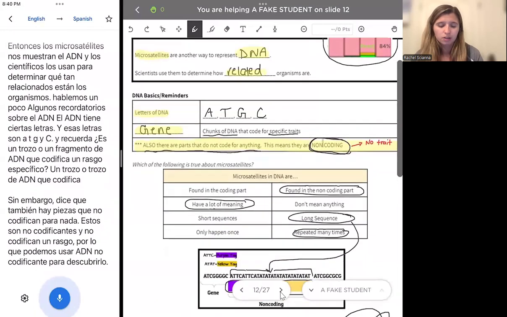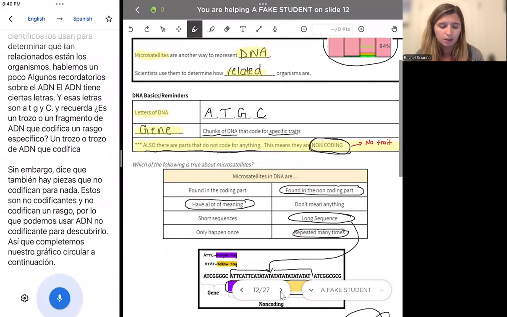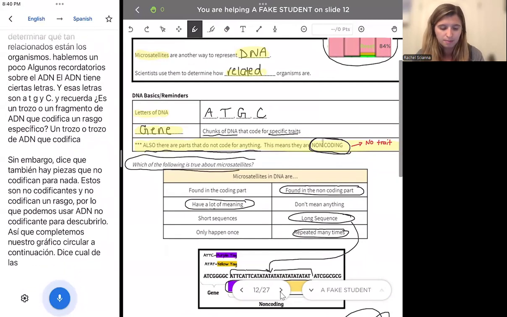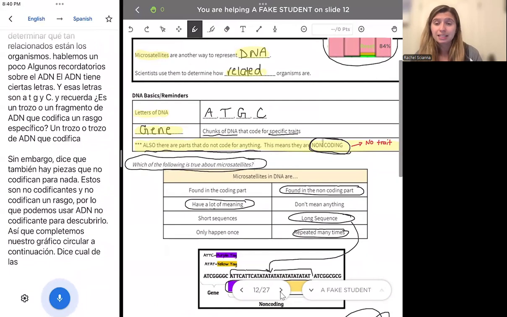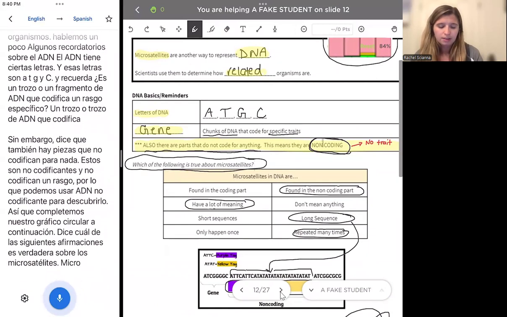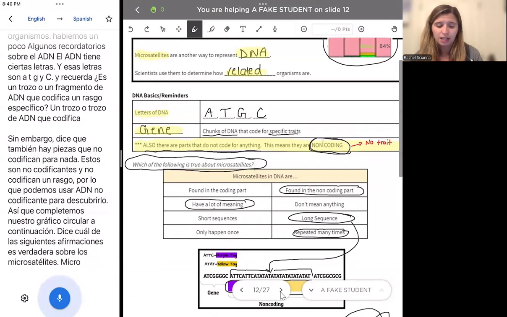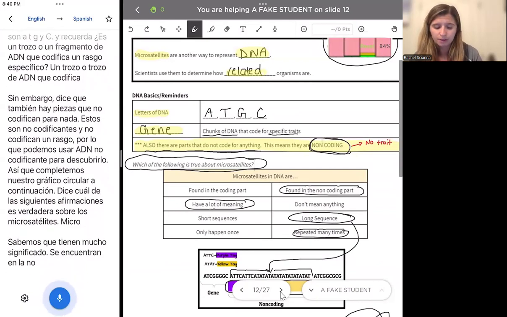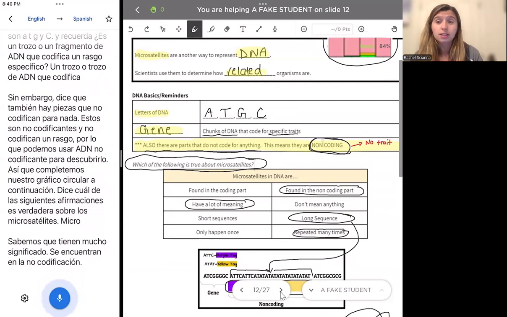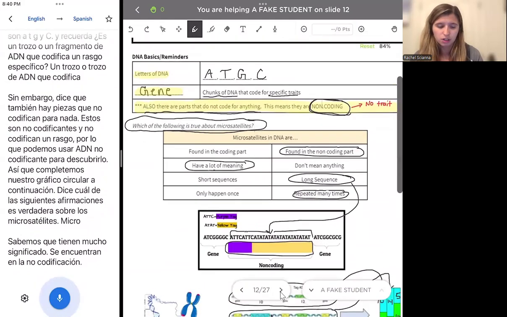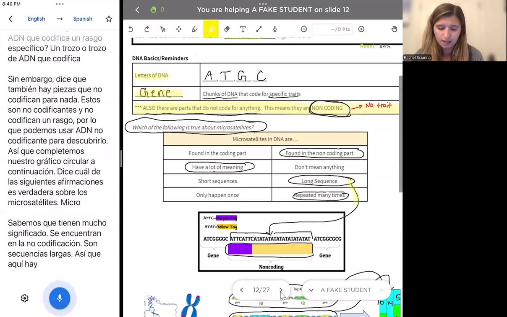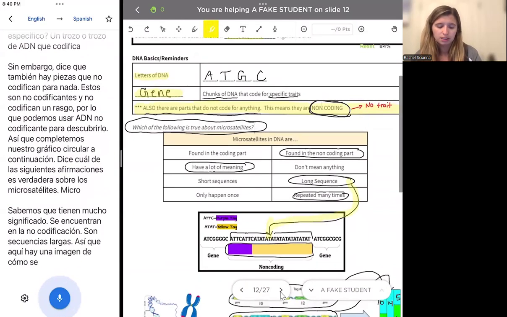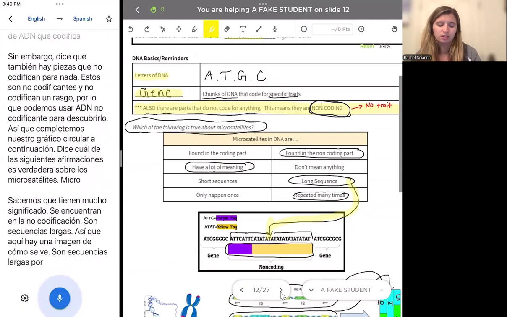So let's fill out our circle chart below. It says, which of the following is true about microsatellites? Microsatellites in DNA are found in the non-coding parts of your DNA. They are long sequences. So here is a picture of what that looks like. You can see all the different letters, right?